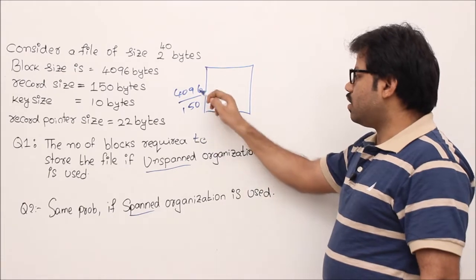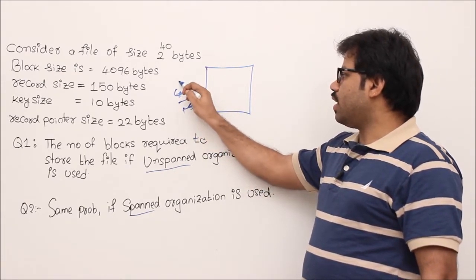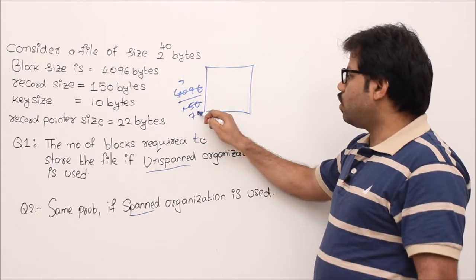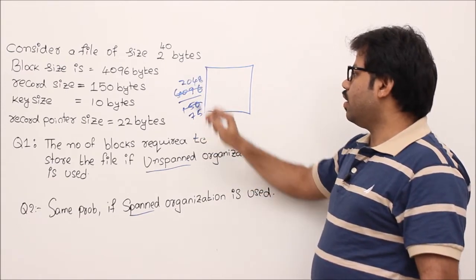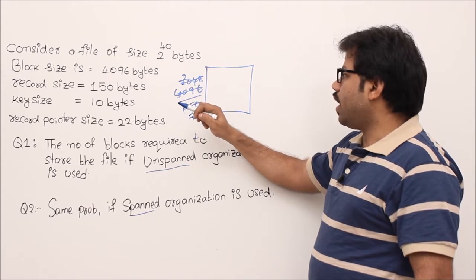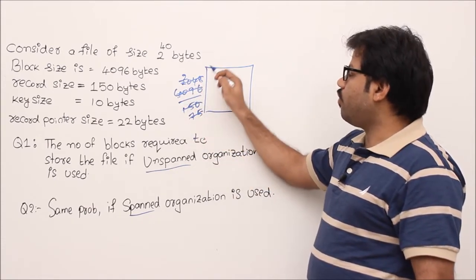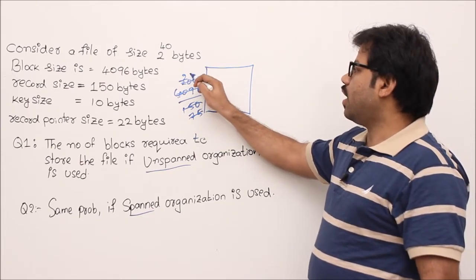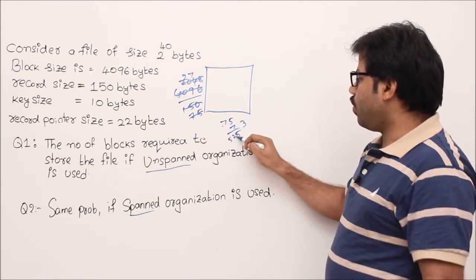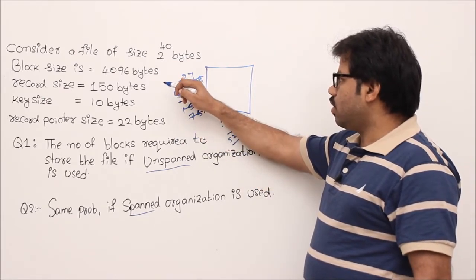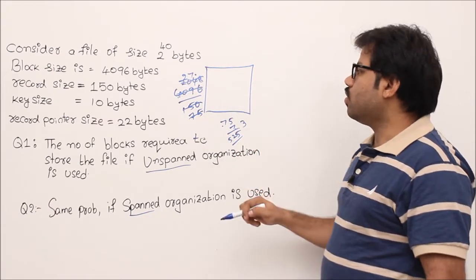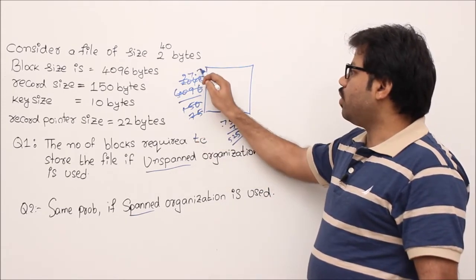Let's divide by 150. It is not properly divisible. Let's see what happens. 27 times 150 is 4050, and we have 4096, so 46 remains.